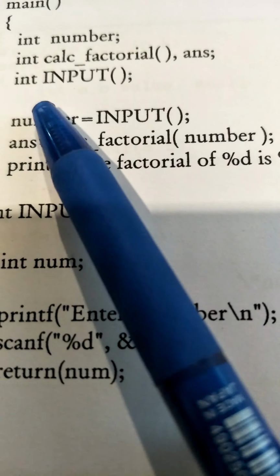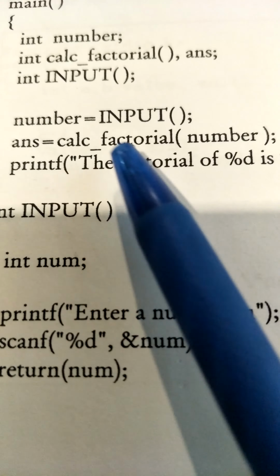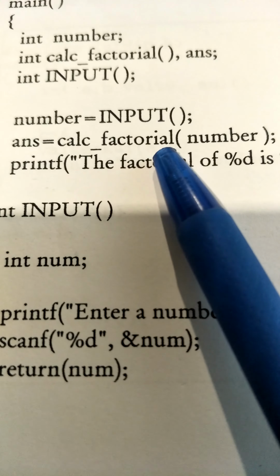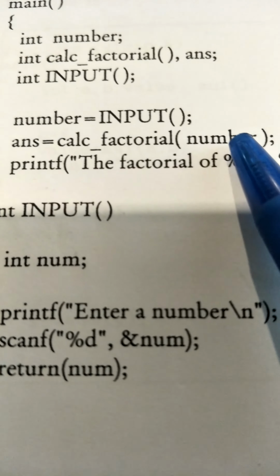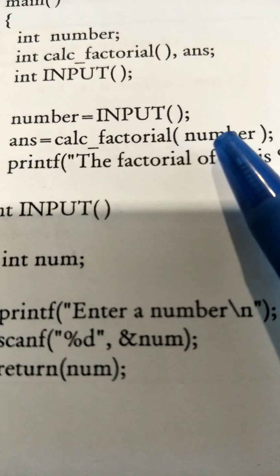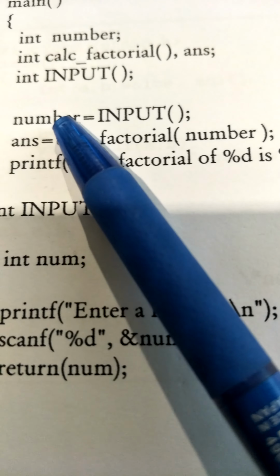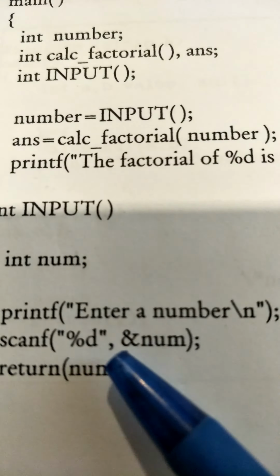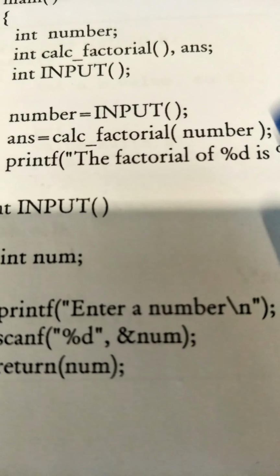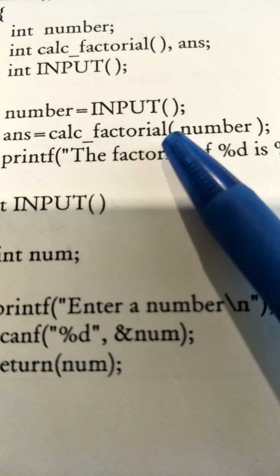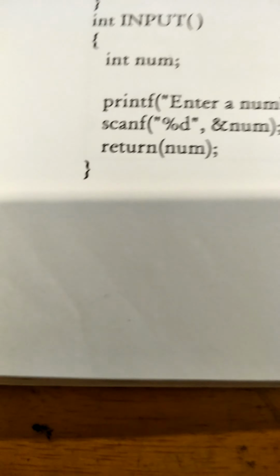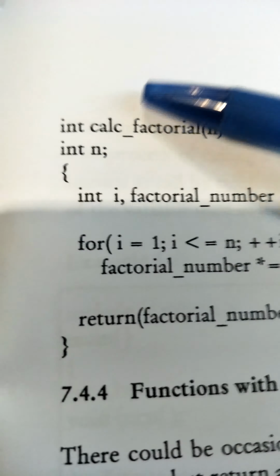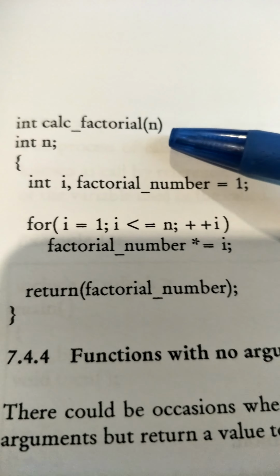Then we call cult factorial with the actual argument number. This number will use whatever number we input from the keyboard here. Then it goes to cult factorial. You go down to the next page. This is cult factorial.